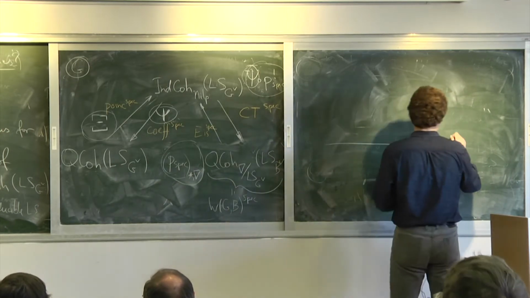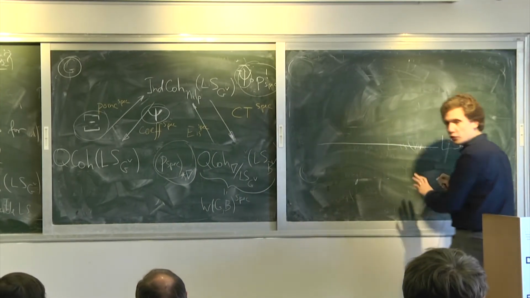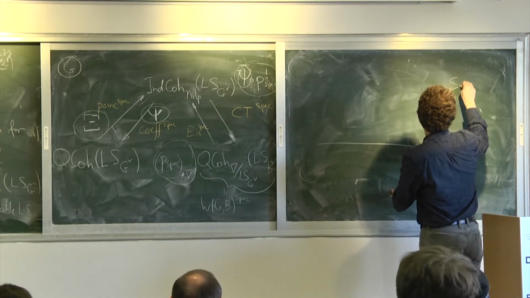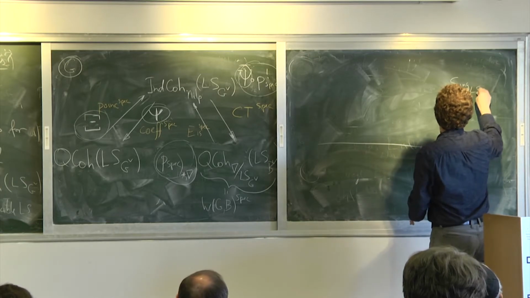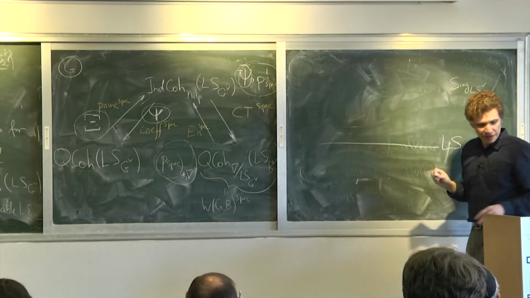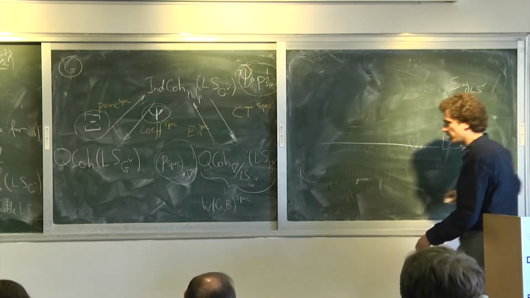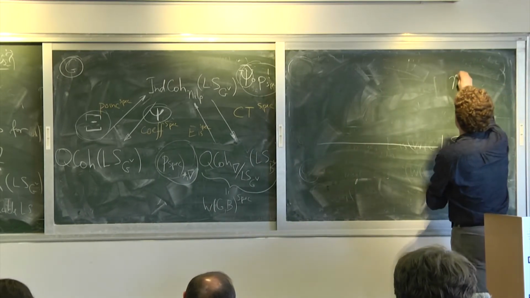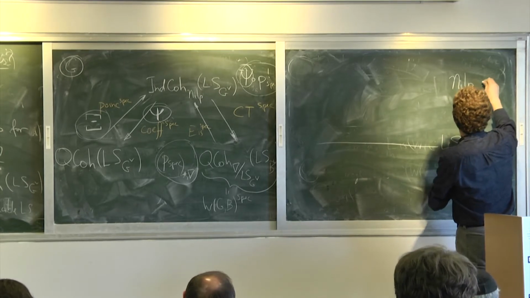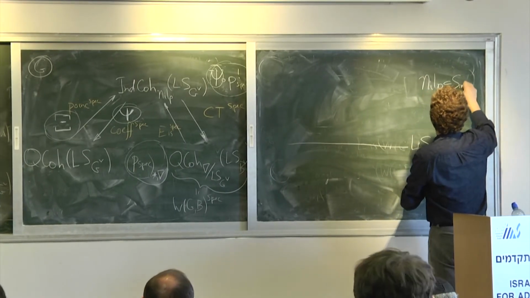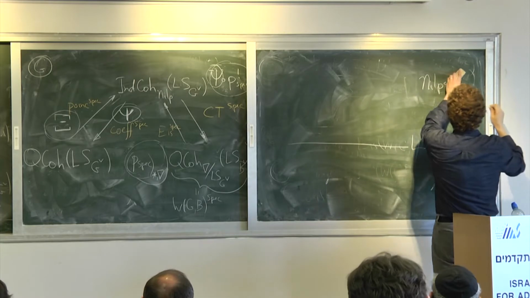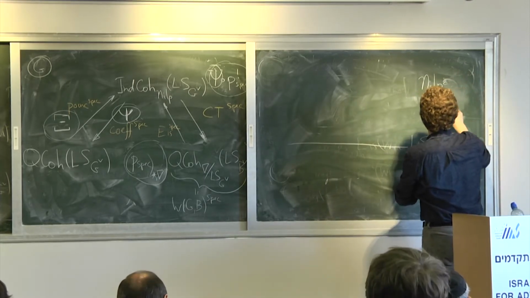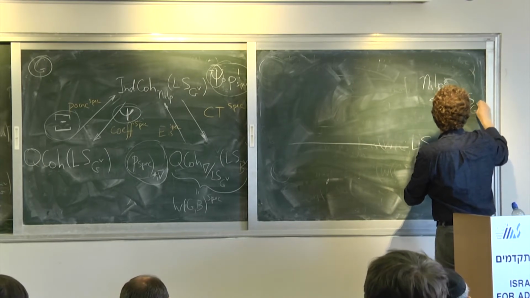This is my picture of the stack of local systems. Over this stack, we can consider its Sing, but I actually never have to work with the entire Sing. I'm only interested in the nilpotent cone. So let me just draw a nilpotent cone instead. So this is Nilp sitting in Sing of LS.